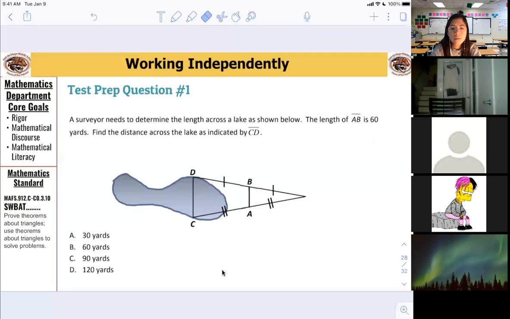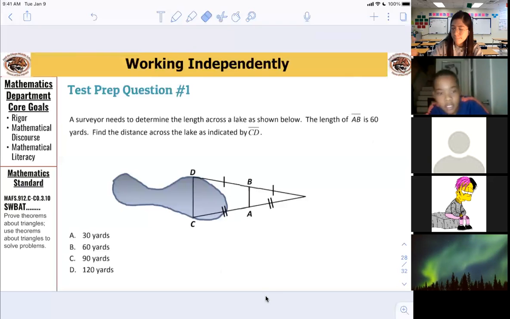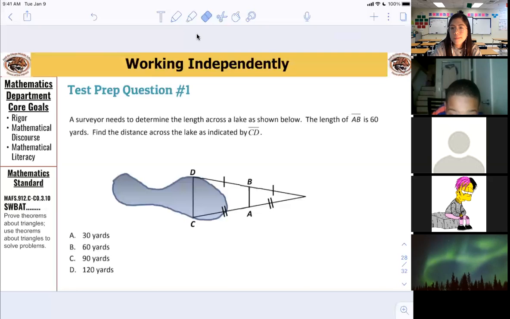Okay. Well, here's the results. Answer choice D won. This was an easy problem. Who can explain why answer choice D is correct?